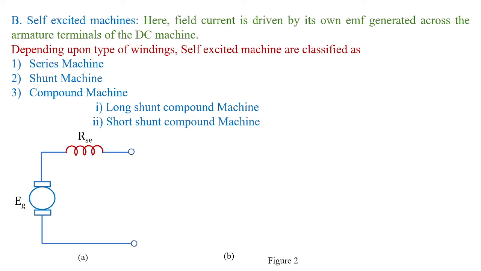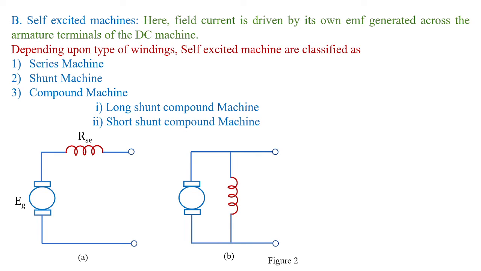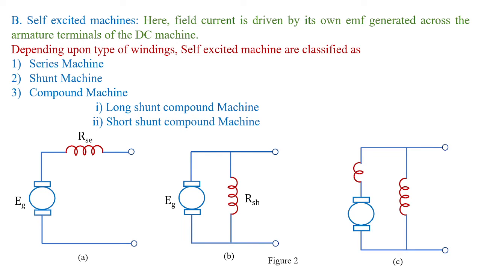In figure 2b, we can see the shunt connection, where the generated voltage is Eg with internal armature resistance Ra, and this machine is connected in parallel to the shunt field. Sometimes it is regarded as R suffix F; here it is designated as R suffix SH. So this is the shunt arrangement, and figure 2c represents the compound arrangement, whether long shunt or short shunt, which we are going to see further.